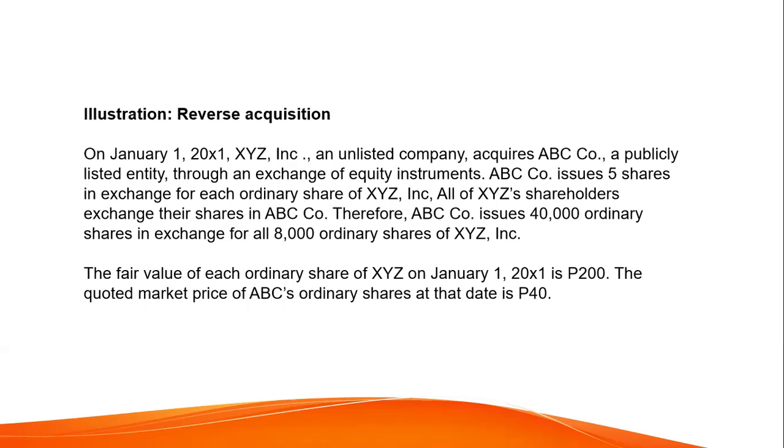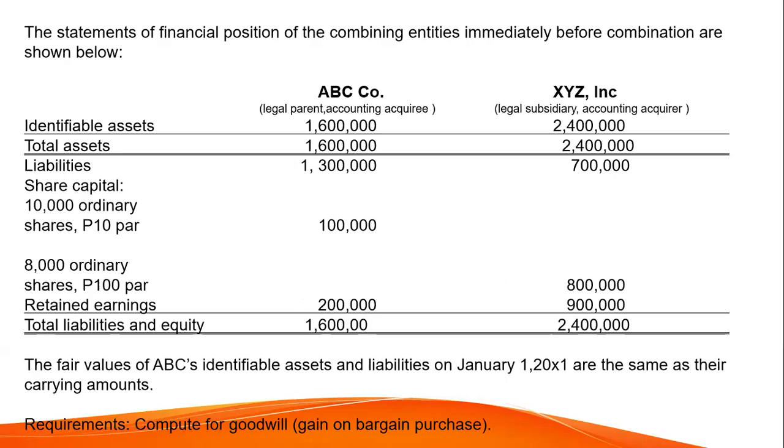So take note this time that ABC issues 40,000 ordinary shares in exchange for 8,000 ordinary shares of XYZ Incorporated. Okay? So what will be the effect of this? Statements of financial position of the combining entities immediately before combination are shown below.